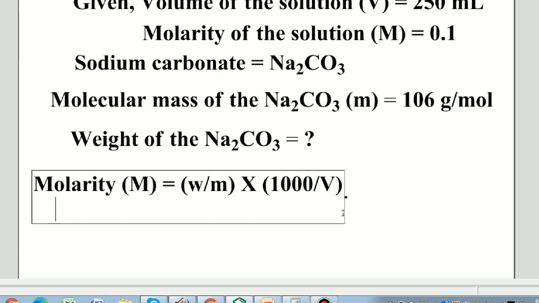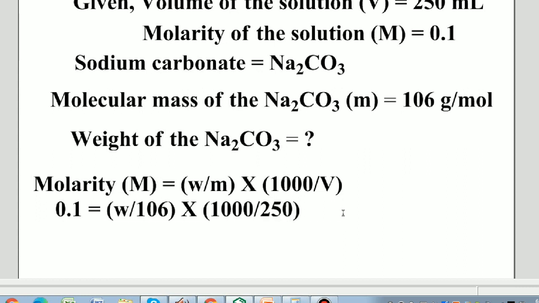We can substitute these values in the given equation. 0.1 is the molarity of the solution, W is the weight of the solute we should find, molecular mass of Na2CO3 is 106, and 1000 by the volume of the solution, which is given as 250 ml.